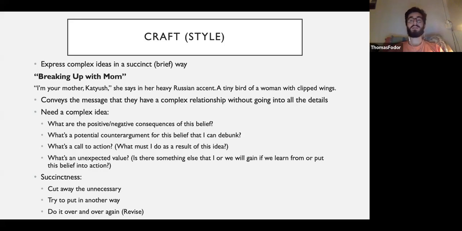These two sentences convey what their relationship looks like, or a significant part of what their relationship looks like, in a very succinct way without going into all the details of the relationship.